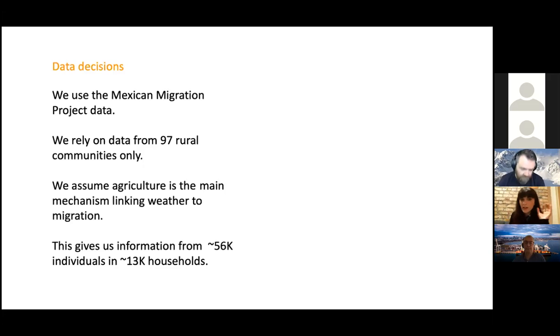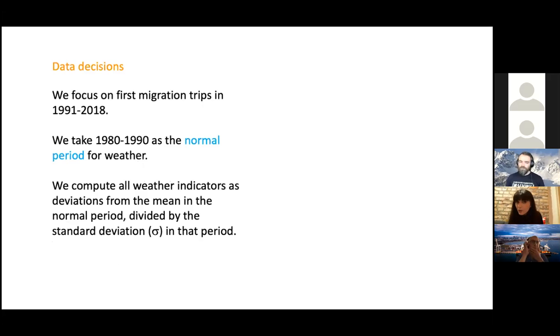And the assumption is that agriculture is the main mechanism, and this has reduced our sample to 56,000 individuals from 140,000 individuals. And then again, we're focusing on the first migration trip. We take 1980 to 1990 as the normal period, and every weather indicator is measured in terms of deviation from this normal in the same region divided by the standard deviation.